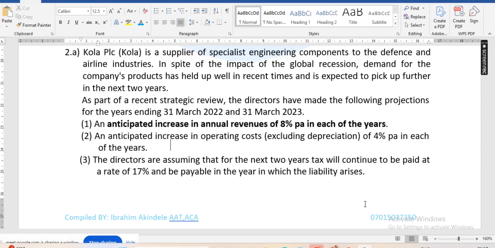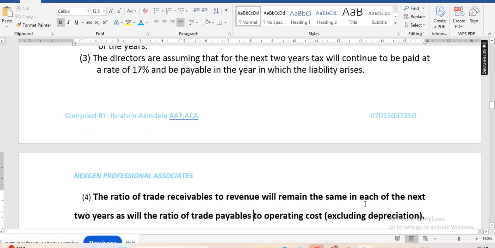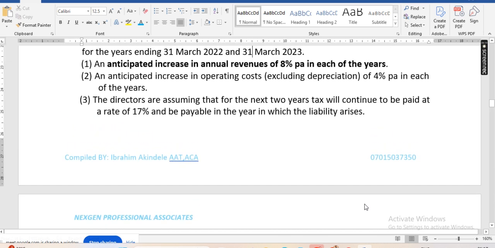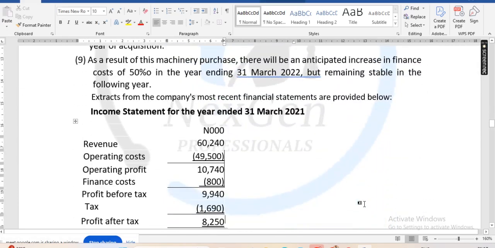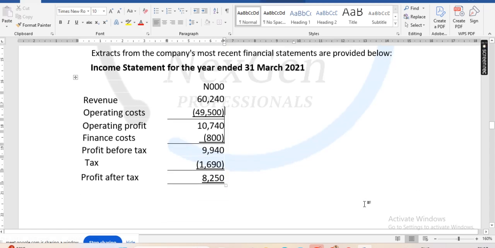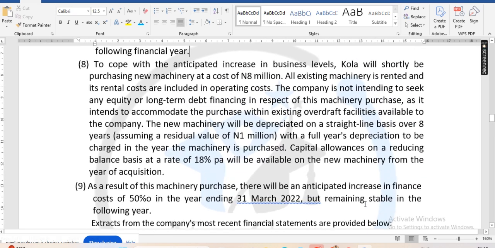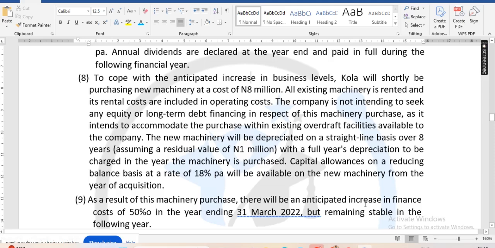And in any of this projection, it was not stated that the operating costs include depreciation. Is that not so? Now the question is, when did they buy these assets? Let's check the year they bought the assets.